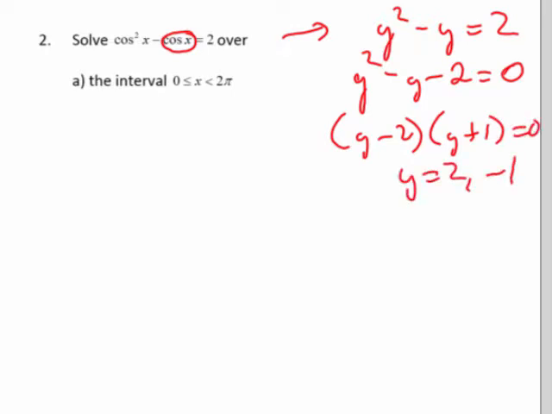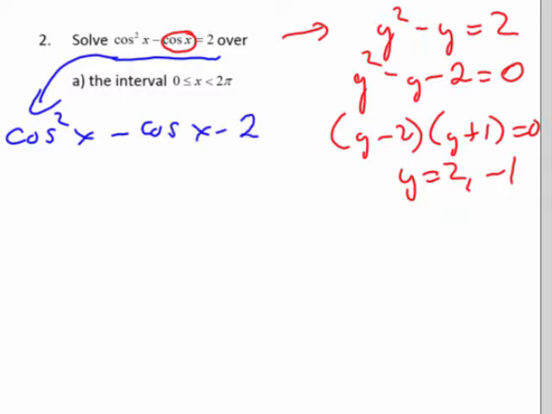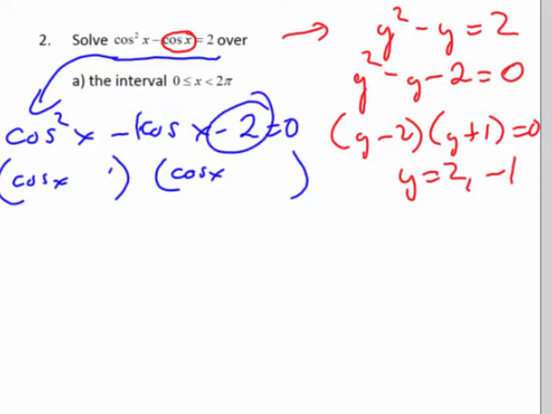Now we're going to do the exact same thing, except thinking of the y as cosine x. So we can set our equation to 0 because it's quadratic like. We can factor it: cosine x times cosine x at the front. Two numbers multiply to -2 and add to -1.